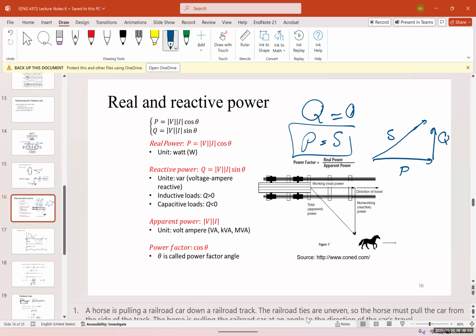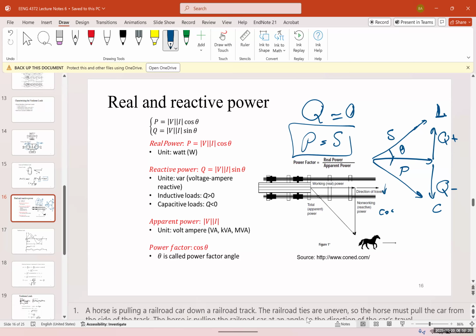Now, the reactive power could be positive or negative, leading or lagging. When it was negative, we had a capacitive load, C. When it was positive, we had an inductive load, or L. And the power factor, alpha or phi, or here we show it with theta.